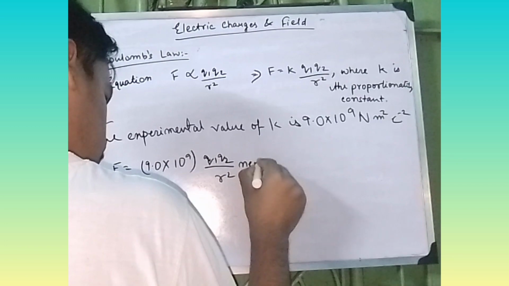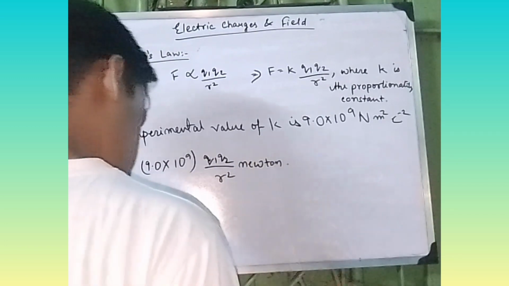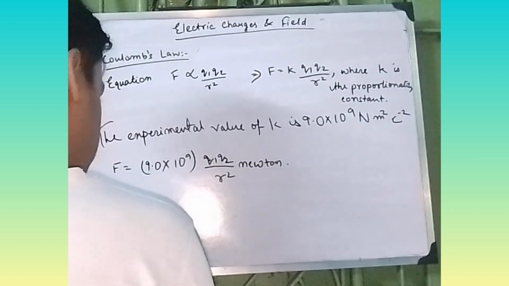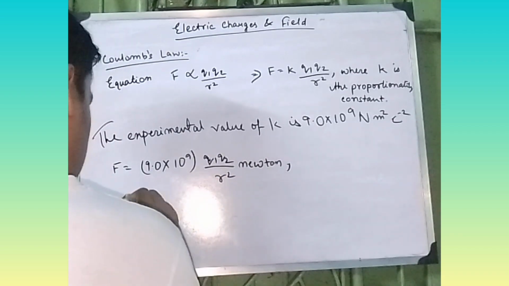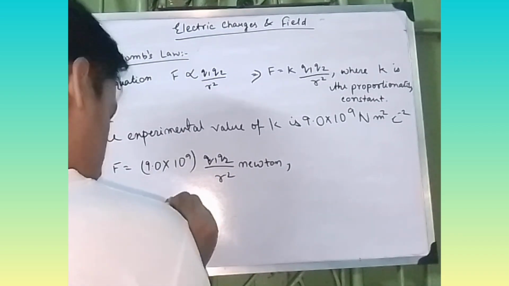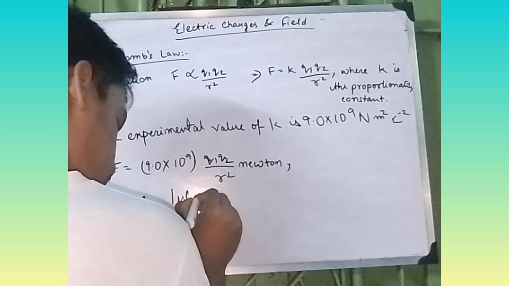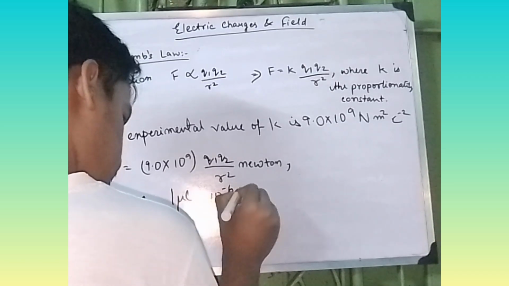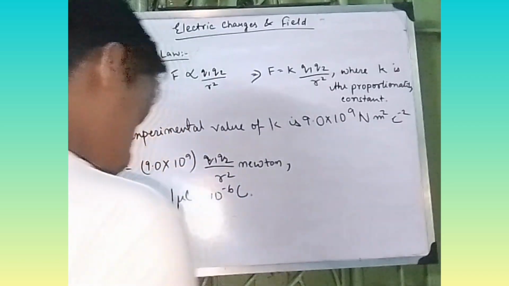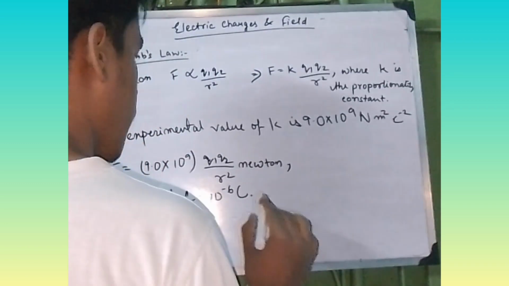Therefore, we can write the equation as F equals 9.0 into 10 to the power of 9 q1 q2 by r square Newton, where 1 microcoulomb equals 10 to the power of minus 6 coulombs.